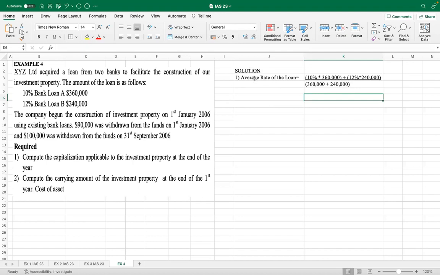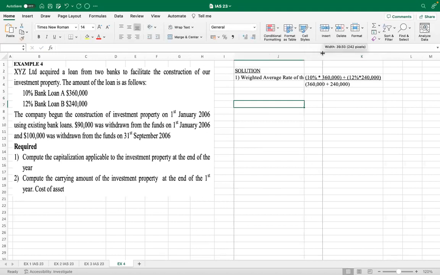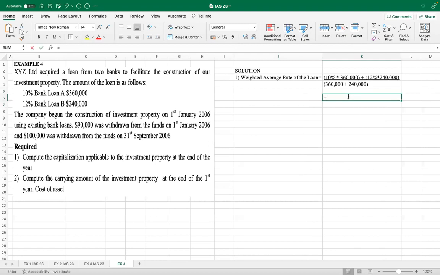Actually, it's supposed to be called weighted average rate. Let me write it there. Weighted average rate of the loans. Now, what is our weighted average? Let me do it. It is 10% times 360,000.